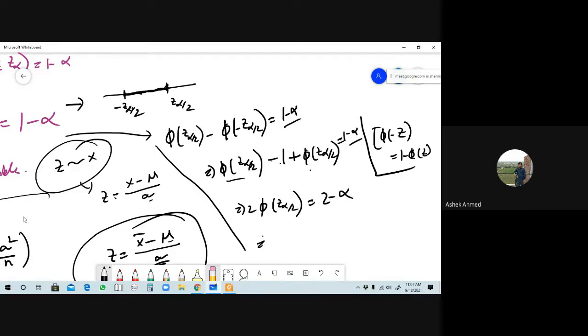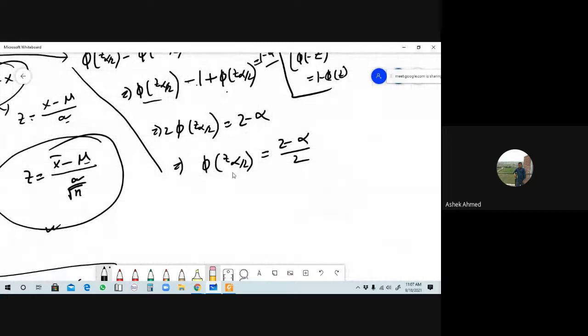Understand? So from here you can determine the value of z suffix alpha by 2 from the standard normal table by using this formula: phi of z suffix alpha by 2 equals 2 minus alpha by 2. By applying this formula you can determine the value of z sub alpha by 2.